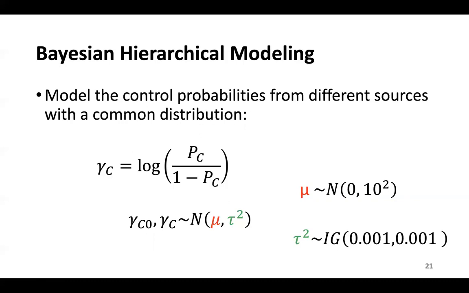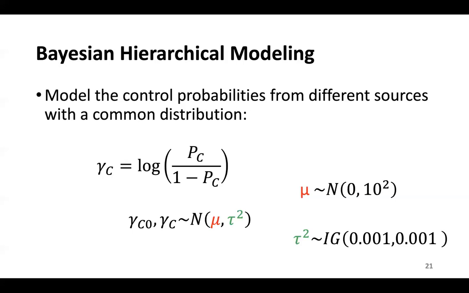So instead, we put a prior distribution on tau squared, and I've demonstrated one of them. I'll show you several priors on tau squared, but this prior is one that works pretty well in this scenario, an inverse gamma distribution with parameters 0.001 and 0.001. What's going to happen here is the model is going to be able to look at the similarity of the control rates.